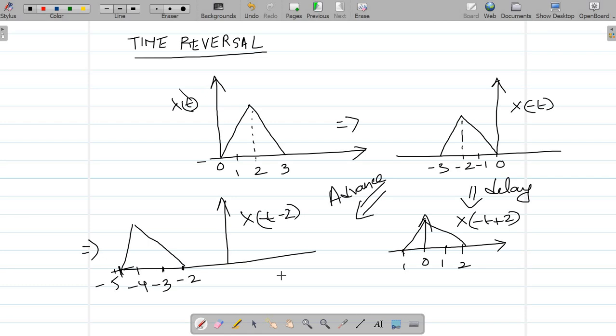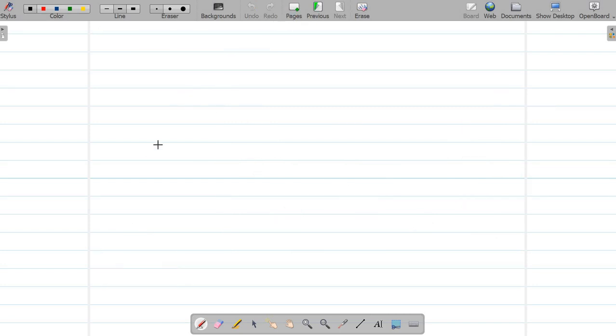The same thing we can extend even to a discrete time signal. Maybe we can take an example. Let us say we are having a signal of something of this nature. Let me draw the y-axis and x-axis. On the x-axis, I am having the sample index.